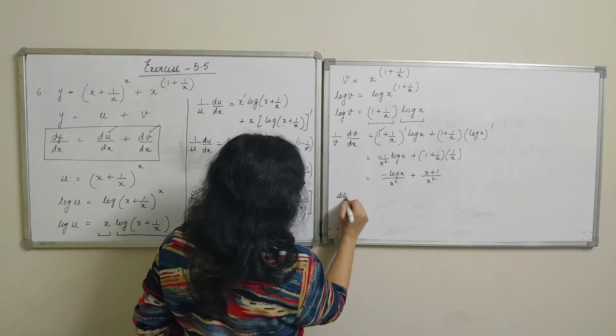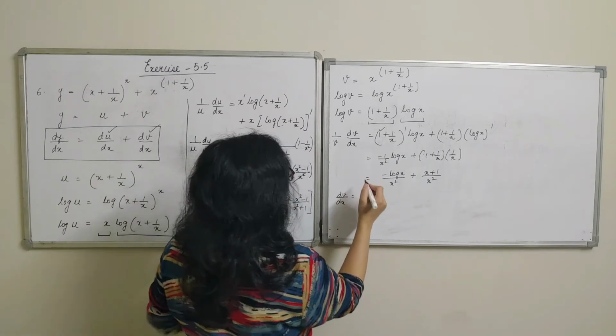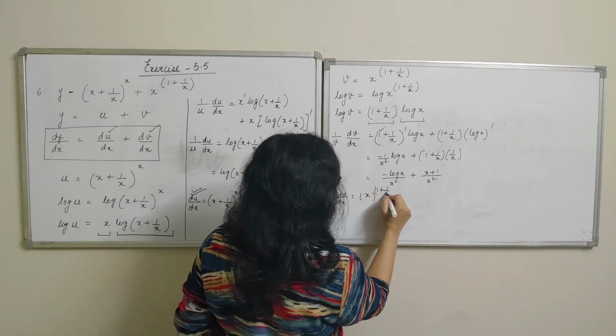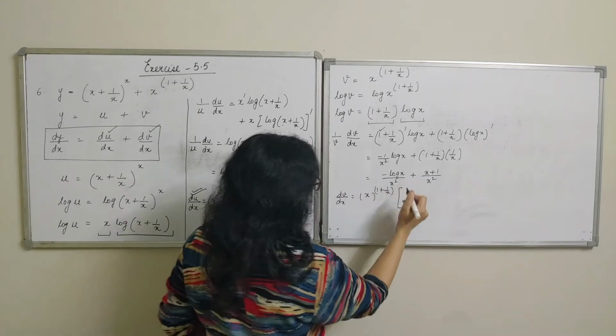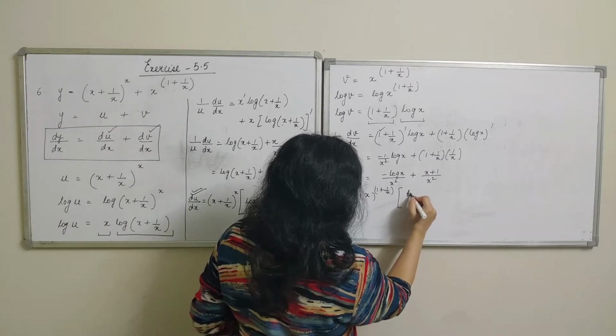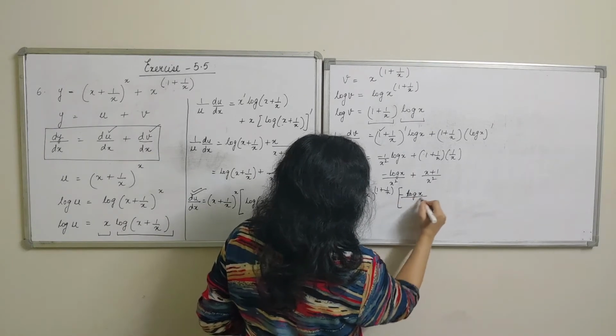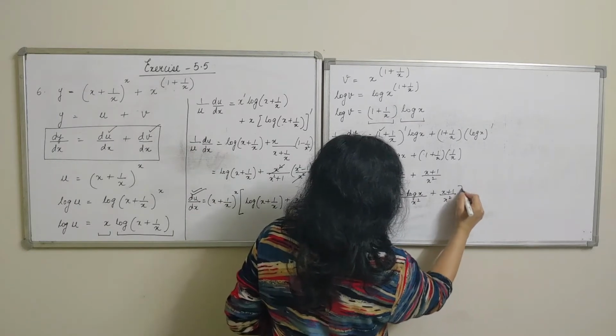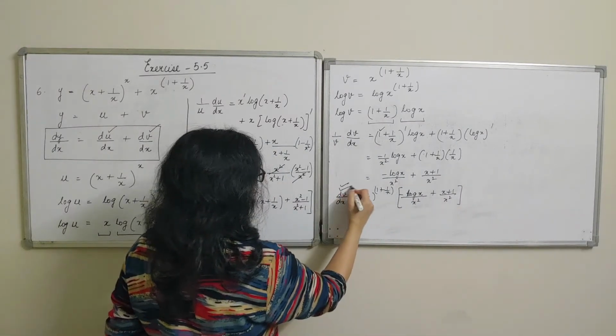So dv by dx will be v times, v is this, (1 plus 1 by x) into this expression. So this is minus log x upon x square plus (x plus 1) upon x square. So we have obtained dv by dx also.